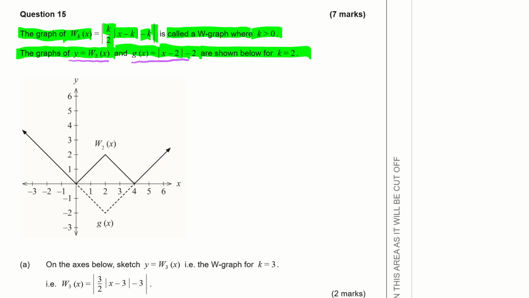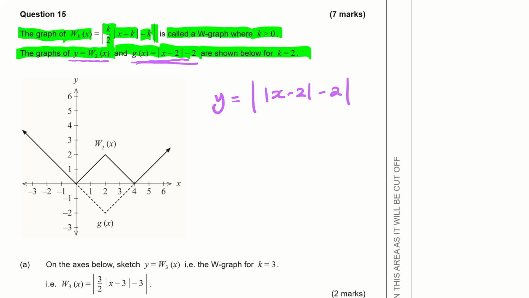Let's have a quick look at this. So this would be y equals the modulus of 2 over 2, which is just 1. So it would be mod x minus 2 take away 2. That's why we've drawn that one on the modulus, and that's why it just bounces up in the middle here. And we can try a few values here.